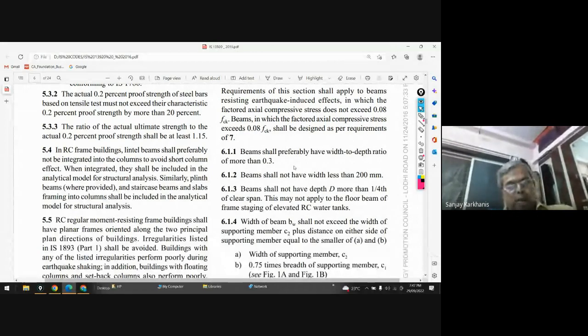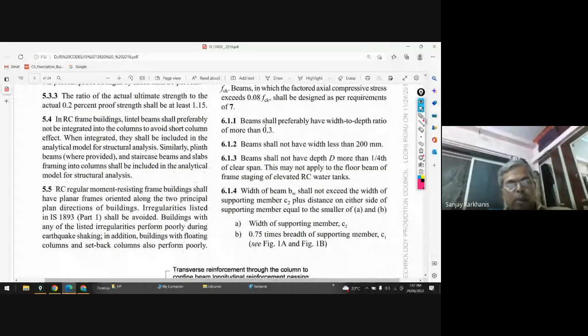Then, the width to depth ratio shall not be less than 0.3, or in code terminology, beam shall preferably have width to depth ratio more than 0.3. Shall not be less than 0.3, or you may say more than 0.3.